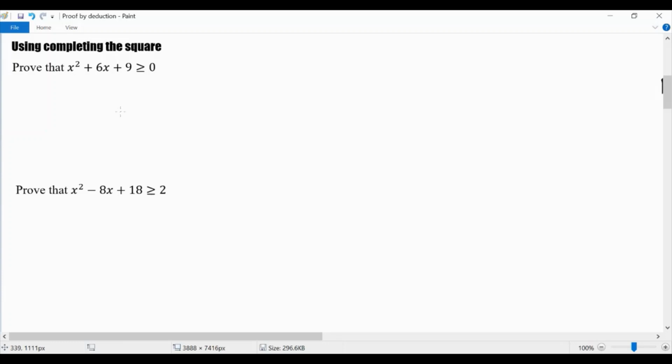Like, for instance, this first thing: x squared plus 6x plus 9 is greater or equal to 0. If you factorize the left-hand side, you realize you've just got x plus 3 all squared, and that's guaranteed to be greater or equal to 0 because any number squared is greater or equal to 0 if it's a real number. So that's all you basically have to do.